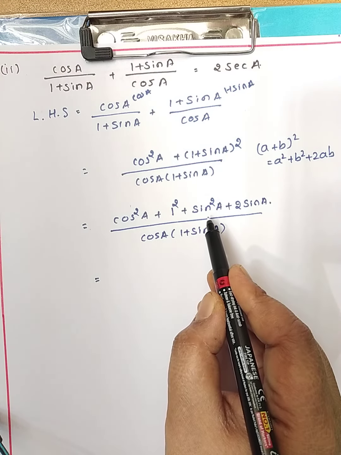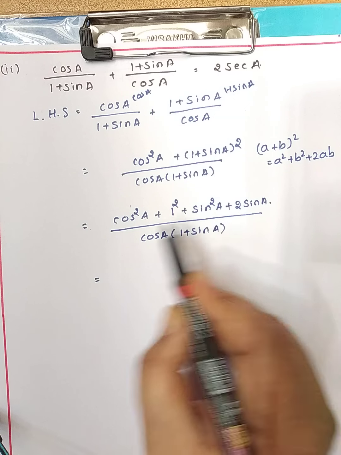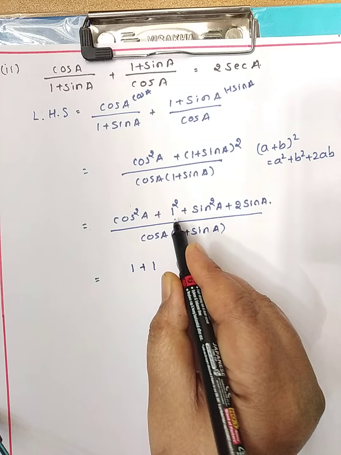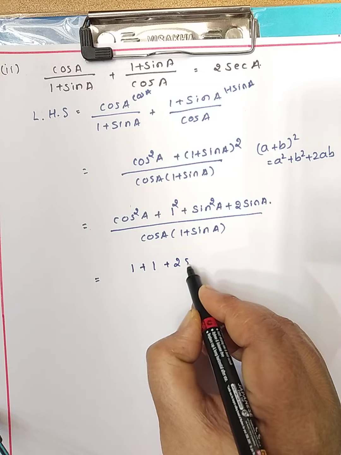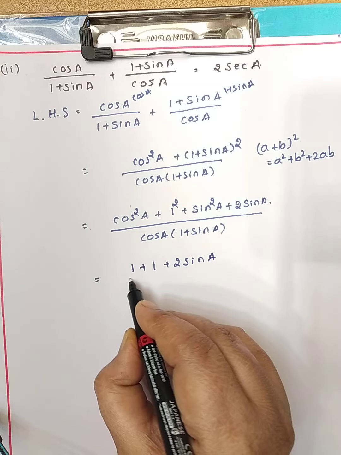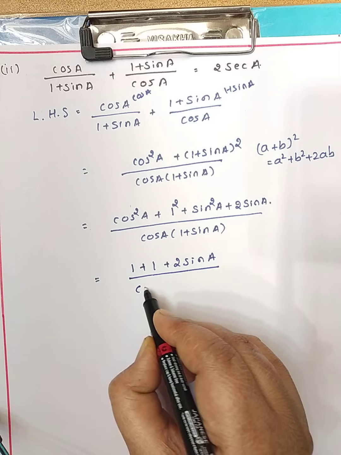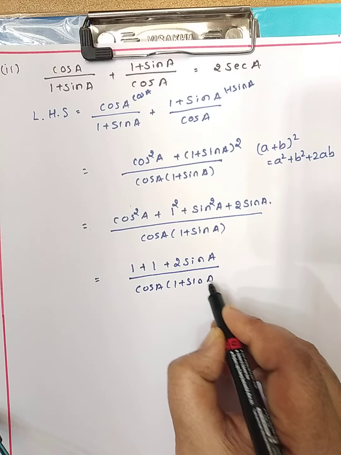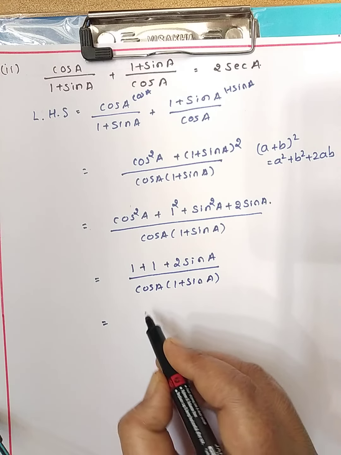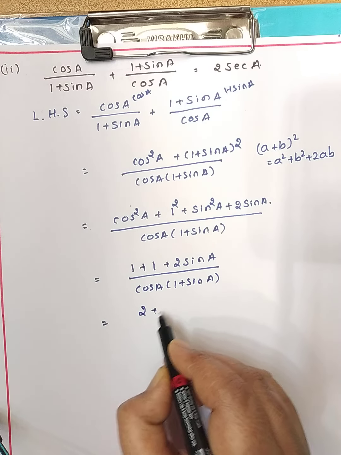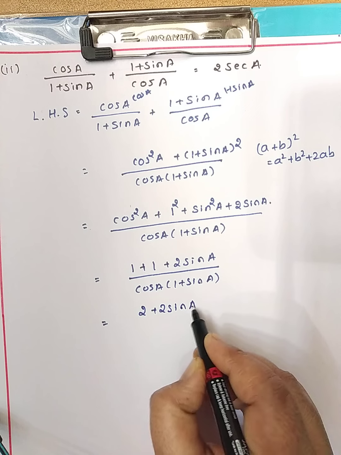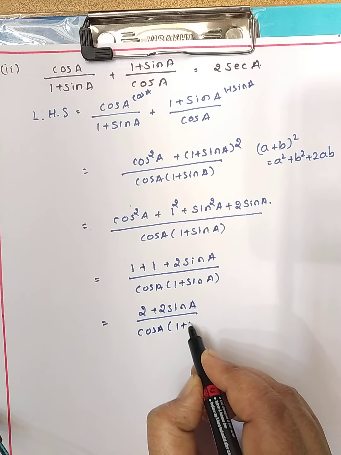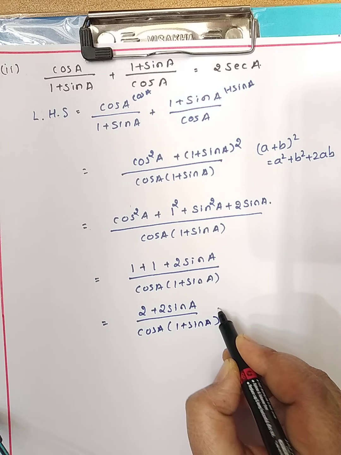Now how will we simplify this one? Cos square a plus sin square a equal to 1. We know that this is the identity. So 1 plus 1 is 2, and we get (2 plus 2 sin a) divided by cos a into (1 plus sin a).